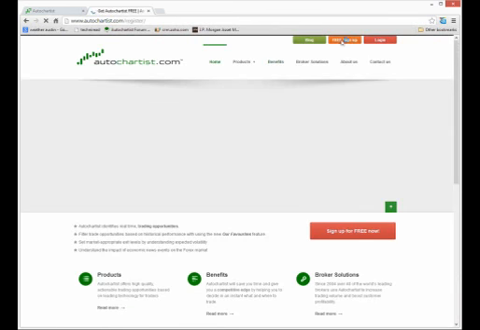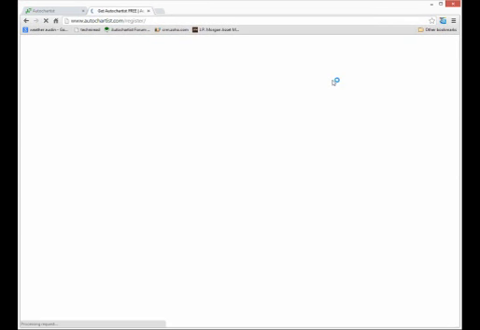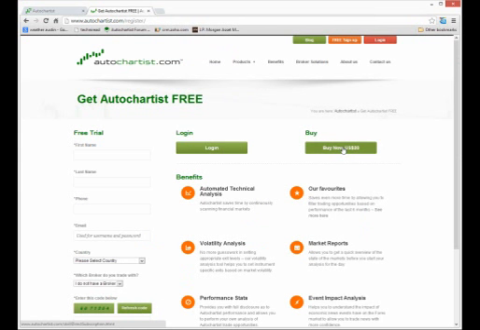You click on free sign-up, and then there's a buy button on the right-hand side saying buy now, $20. We just had to change our credit card vendor. If you have any trouble subscribing, please let us know. We also have a PayPal account. But the truth is, if you have a free Autochartist through a broker, there isn't really a reason for you to subscribe directly with us.